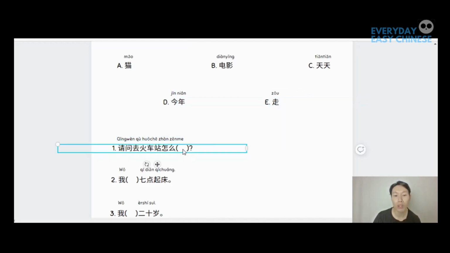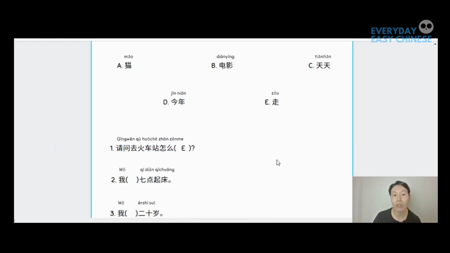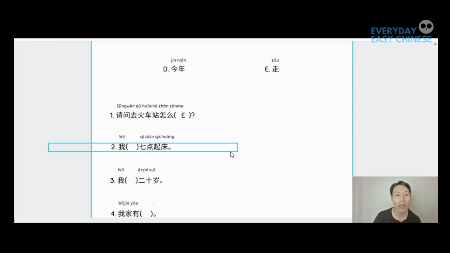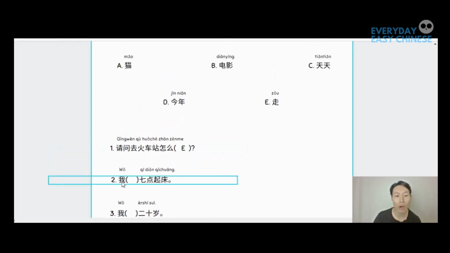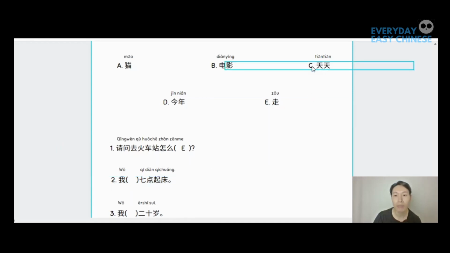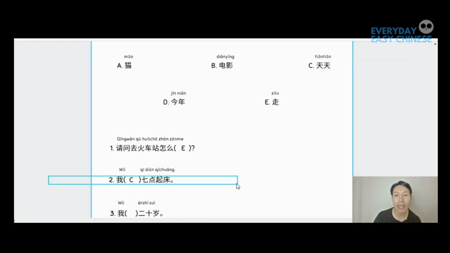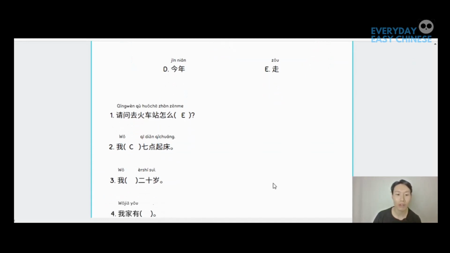How do I walk to the train station? 怎么走？请问去火车站怎么走？ Number 2, 我7点起床。I wake up at 7 o'clock. We have C. 我天天7点起床. I wake up every day at 7 o'clock.